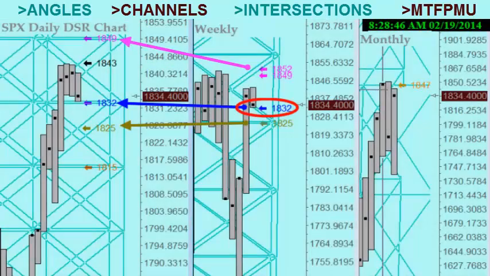The next day, ProChart traders saw price test the 1832 channel until 9:40 a.m. and then react upward, hitting 1842 at 10 a.m. Price continued upward to test the 1847 monthly level for about 20 minutes at 10:30, to react negatively and come all the way back to 1833 at 12:30.